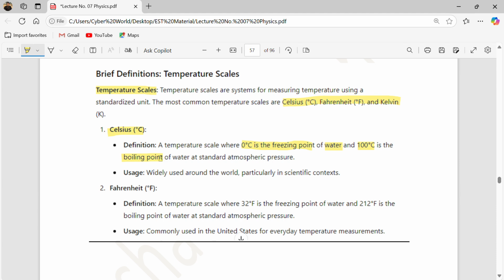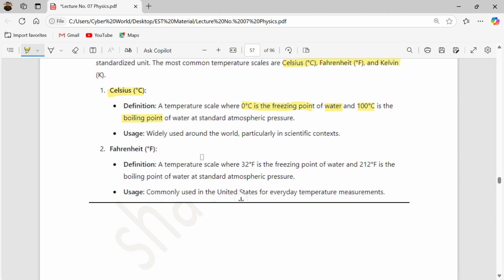We take these as the standard for the Celsius scale. What is the usage of Celsius? It is widely used around the world, particularly in scientific contexts.